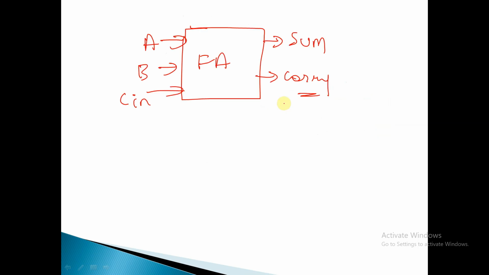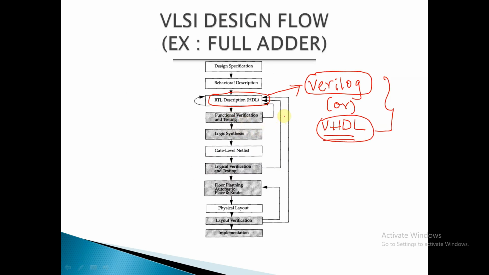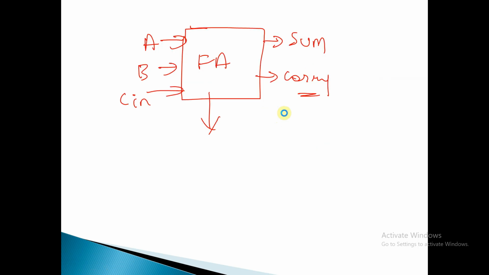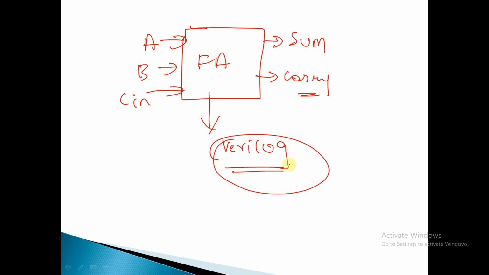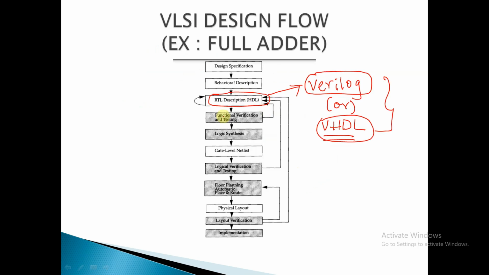For example, if you have written the Verilog code for this full adder, we verify whether our code is giving the same functionality we are expecting, whether it is working according to the functionality we expect.